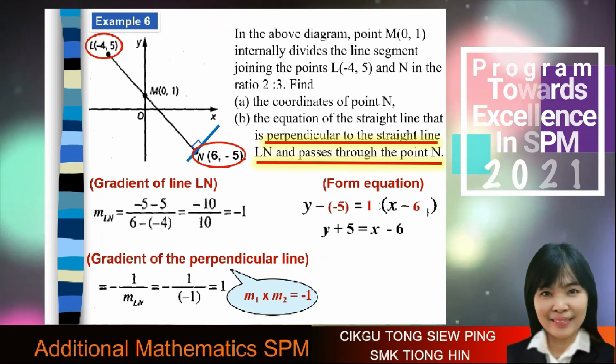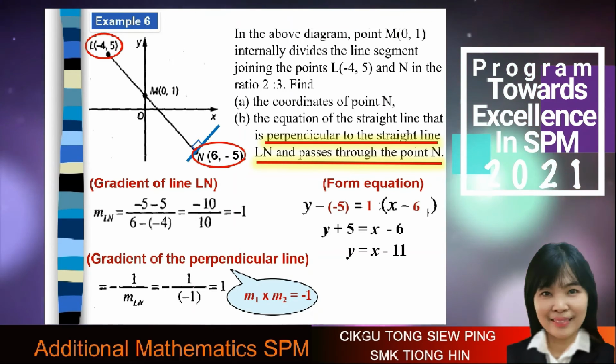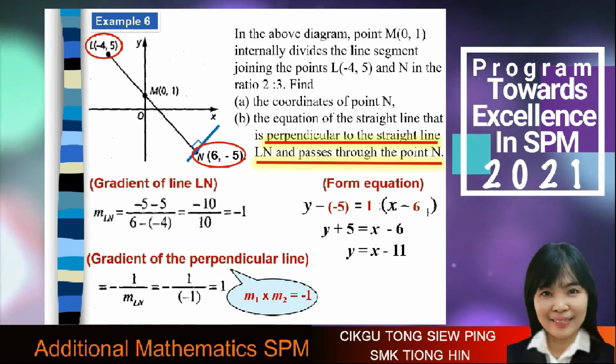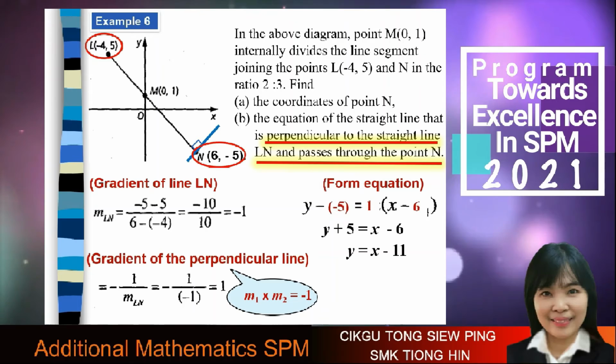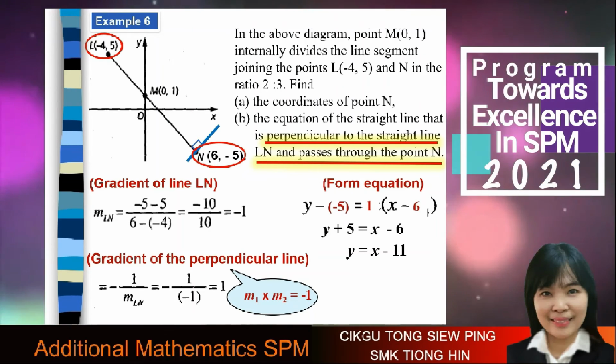Rewrite this one in the y equal to mx plus c form. We get y equal to x minus 11. This is the equation of the straight line that is perpendicular to the straight line LN and passes through the point N.